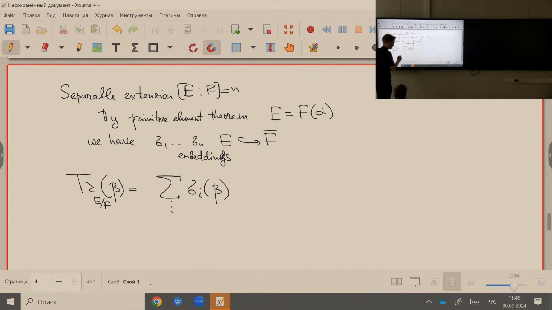Notice that this formula holds since the sigma i are homomorphisms.